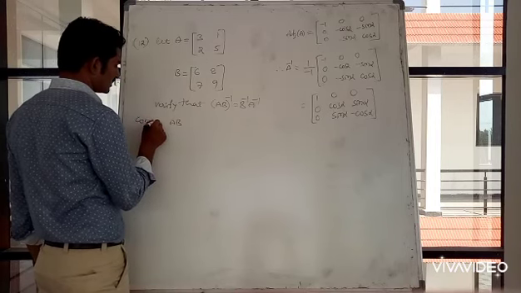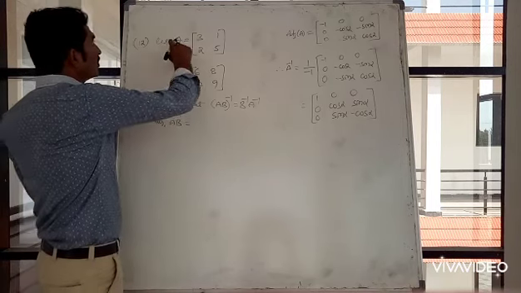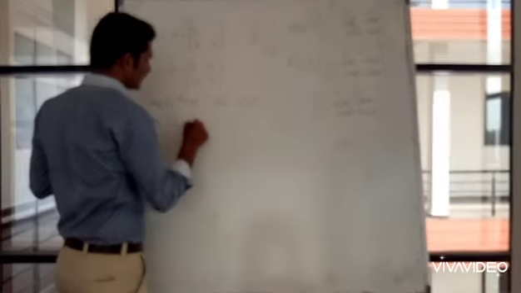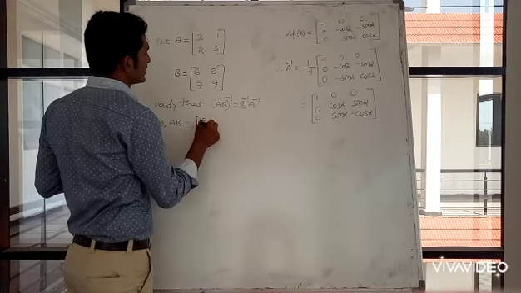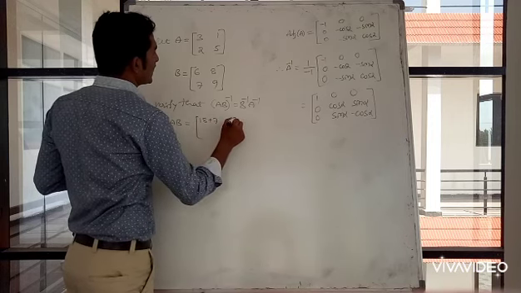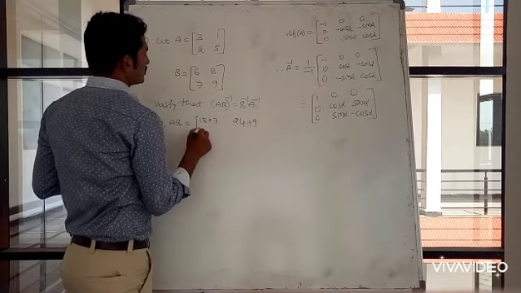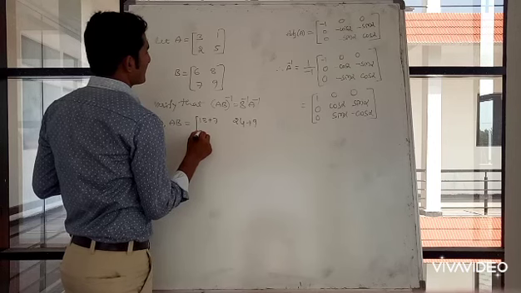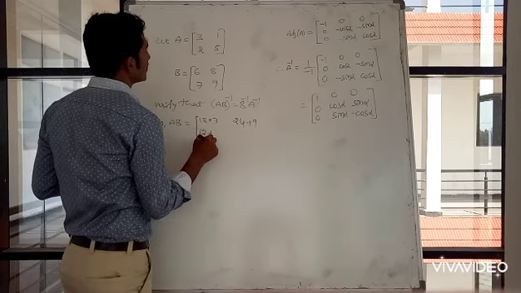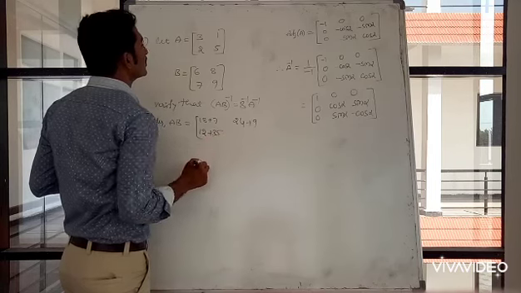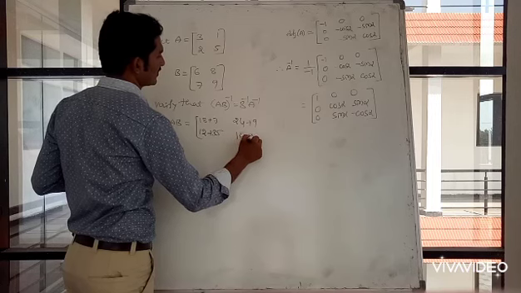Consider product AB is equal to multiplication A into B, row column. 3 6s are 18 plus 7, 3 8s are 24 plus 9, next 2 6s are 12 plus 5 7s are 35, 2 8s are 16 plus 5 9s are 45.